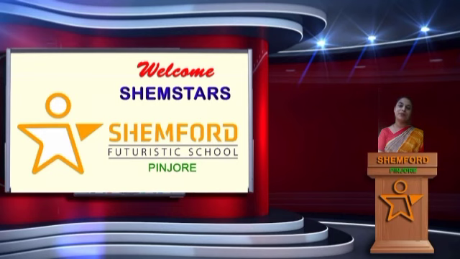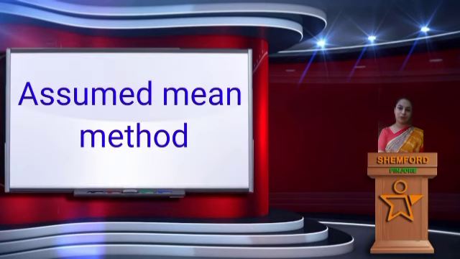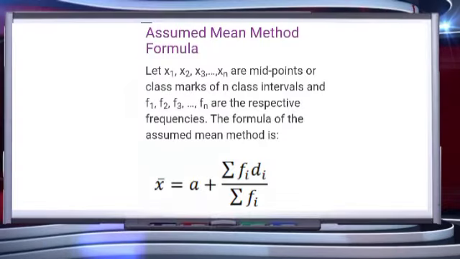Students, we have done the direct method of finding the mean. So today we are doing the assumed mean method to find the mean. The assumed mean method formula is given by x bar is equal to a plus summation fi di over summation fi.